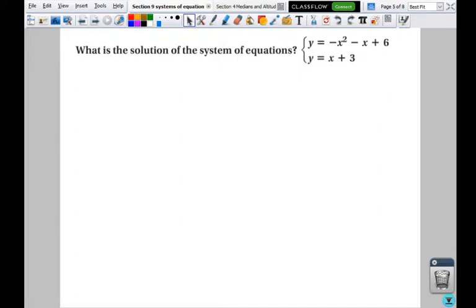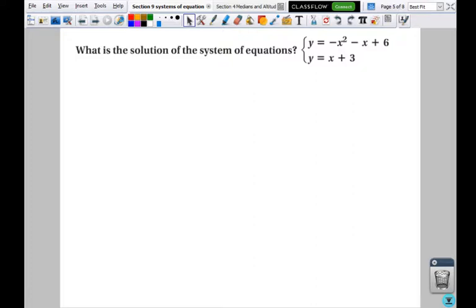If it's this easy, you just gotta change the numbers. Let me check. It's minus x plus 6, not minus 5x. That was the last problem. Minus x plus 6. And then my second one was x plus 3.